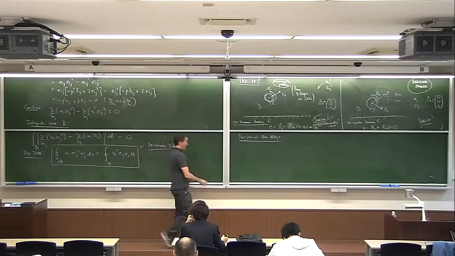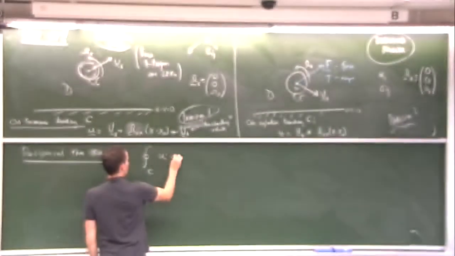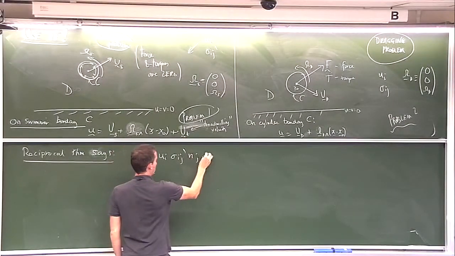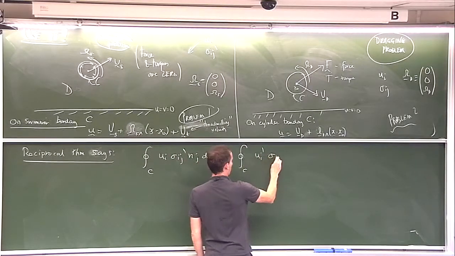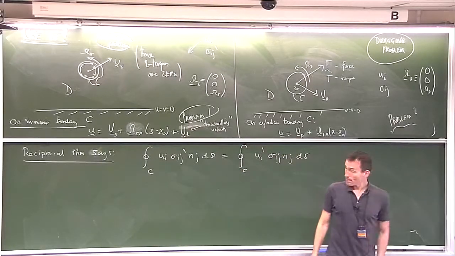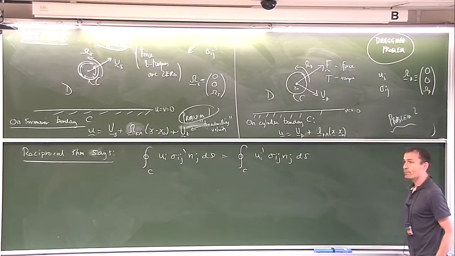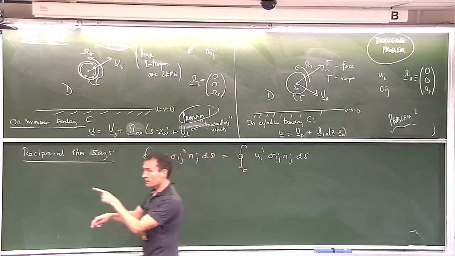So what it says is that if you go around C, then you get that. So there's no contribution from the wall, so I can replace delta D by C.